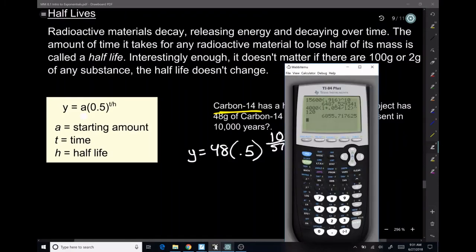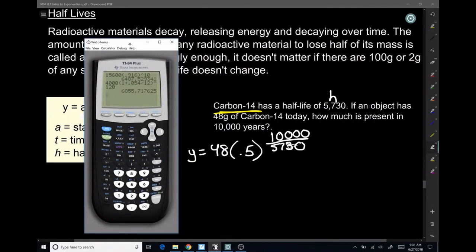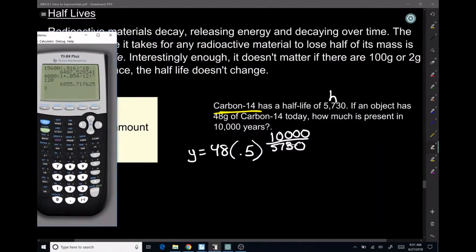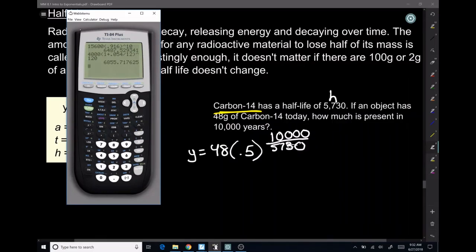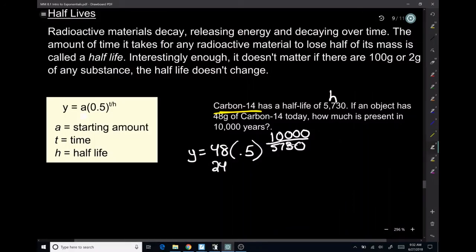The question is, how much do we have left after this period of time? Well, we can estimate this before we calculate it. If we think about it, 10,000 years is going to be almost 2 half-lives. Not completely 2 half-lives, but close, because 1 half-life is 5,730 years. So 2 half-lives is like 10,400 years. So this is going to be very, very close to 2 half-lives, but not quite.